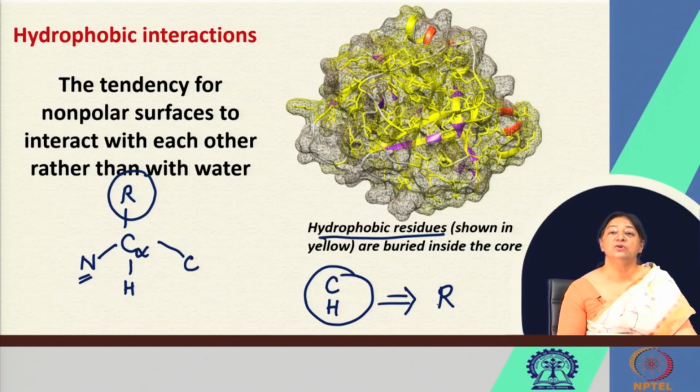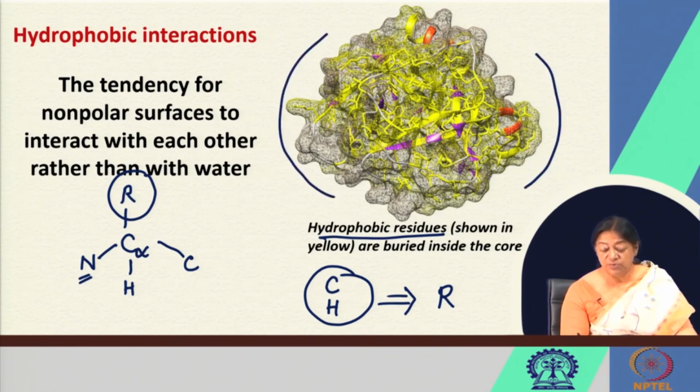These are the ones that are going to be hydrophobic in nature, and they would preferably interact with each other rather than with the solvent. So, they would tend to remain away from the surface, and we would see them bunching up together, forming what is known as the hydrophobic core of the protein when it folds in this fashion in a regular globular protein.